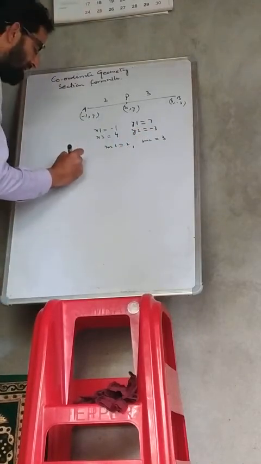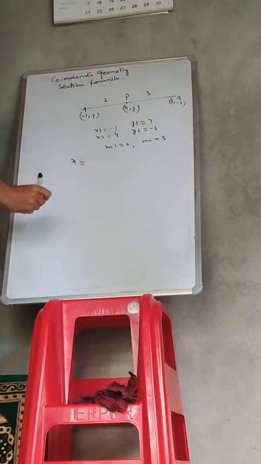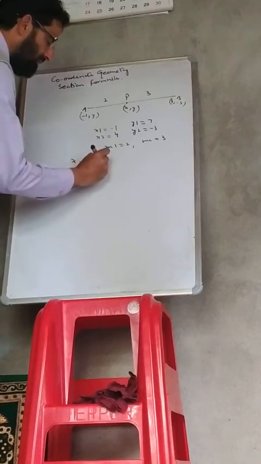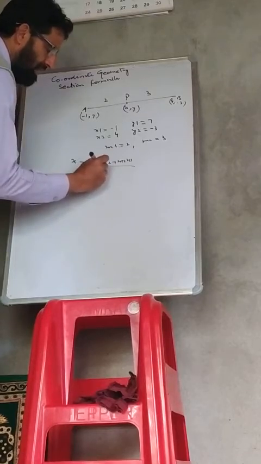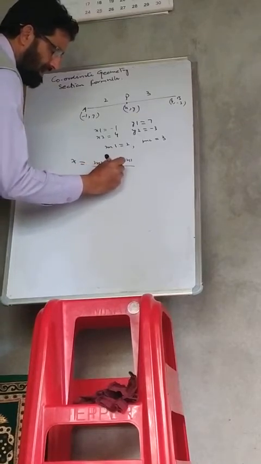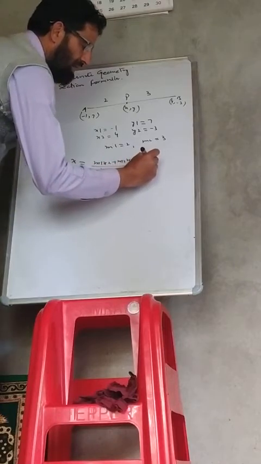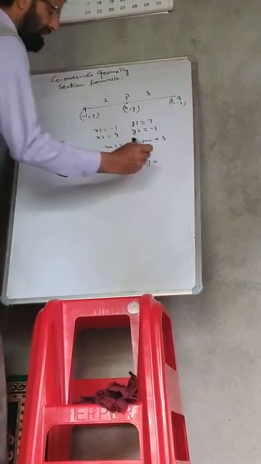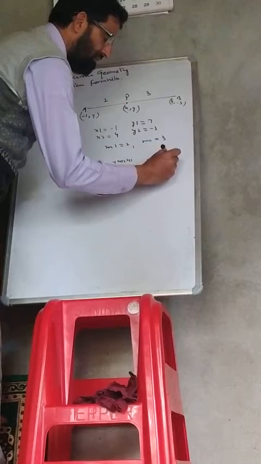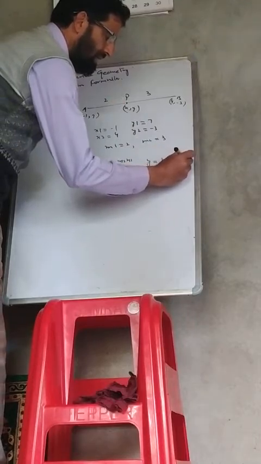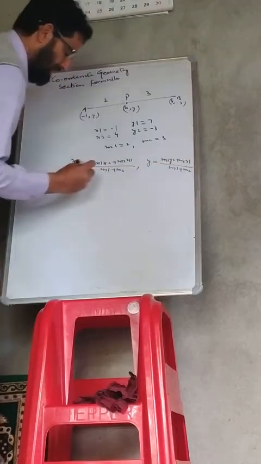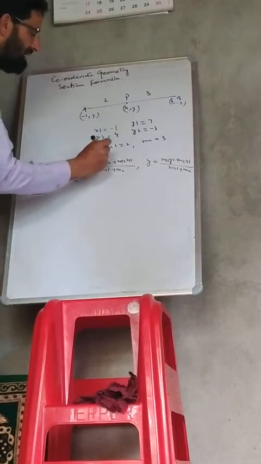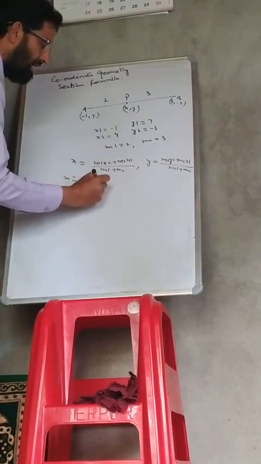So easy now. X is equivalent to m1 x2 plus m2 x1 divided by m1 plus m2, and y coordinate of this point is equivalent to m1 y2 plus m2 y1 divided by m1 plus m2. So x is equivalent to m1 is 2, and what is x2?